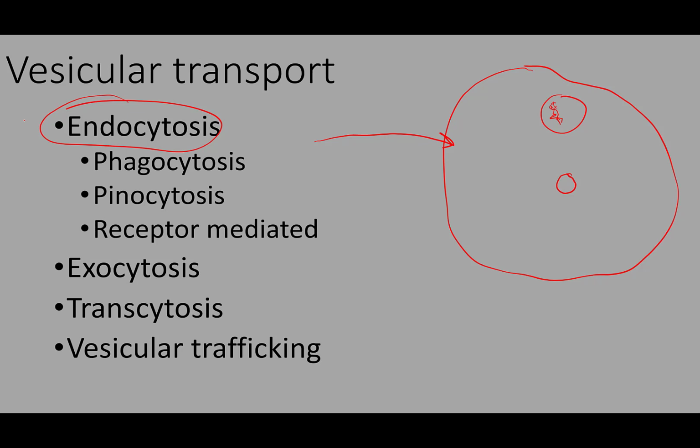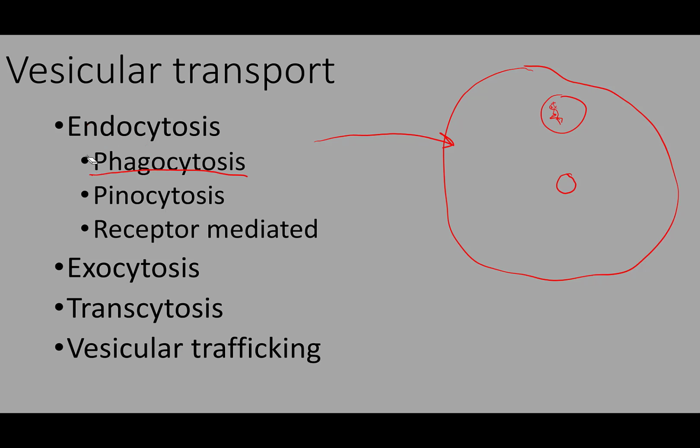Endocytosis just means moving into a cell. Doesn't matter how it's doing it, it's just endocytosis. But there are different types of endocytosis. The first is something called phagocytosis. P-H-A-G, phage, means to eat.